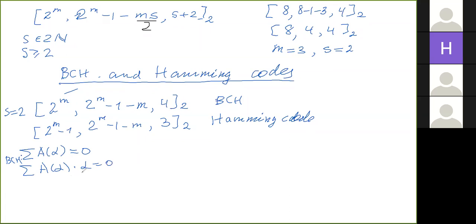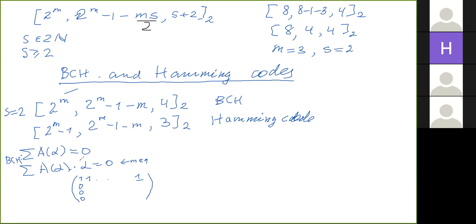If we write the parity check matrix of this system of equations, we will obtain the following matrix. The first equality means that we just sum up all the values. And the second equality means that we sum up all the values times alpha, this is actually m equations. And the matrix is obtained as follows. In the first column, we have only zeros because for alpha equal to 0, everything vanishes.